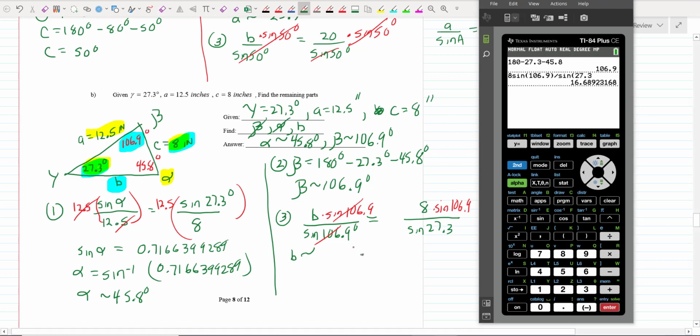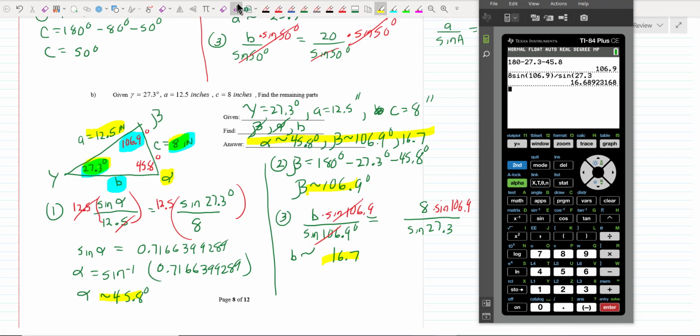We end up with B being about 16.7. That would be the answer to the problem. Those are the three parts: alpha, beta, and side B.